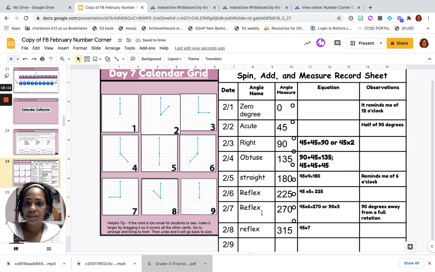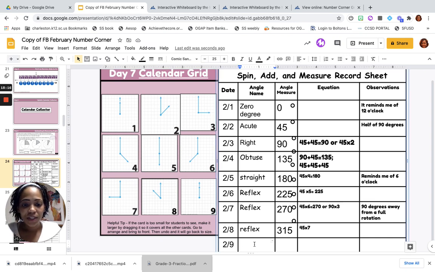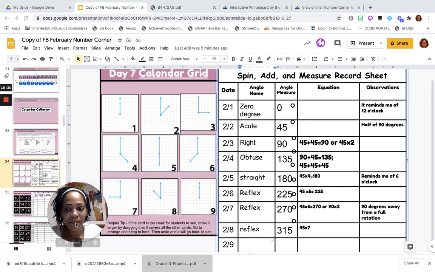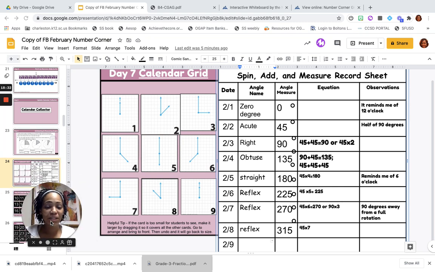Oh my gosh, we have another what? We have another straight angle. Or, I shouldn't say straight angle, my apologies. We have another 0 degree angle. What? Now that I'm looking at this, I'm thinking about it in a different way.